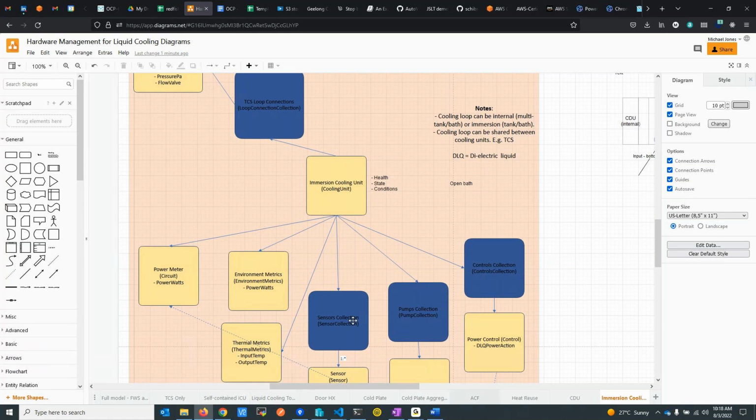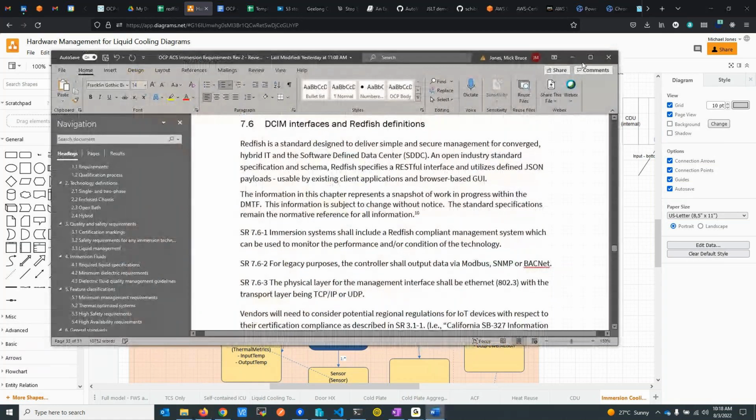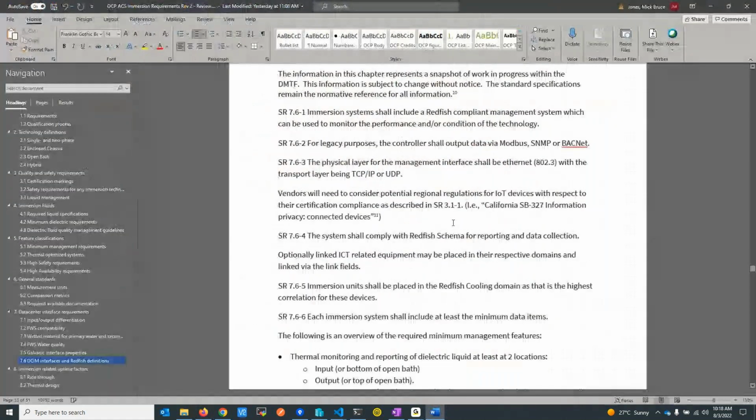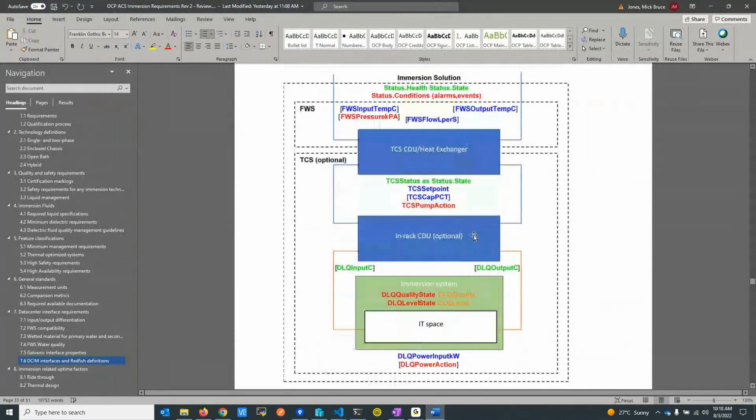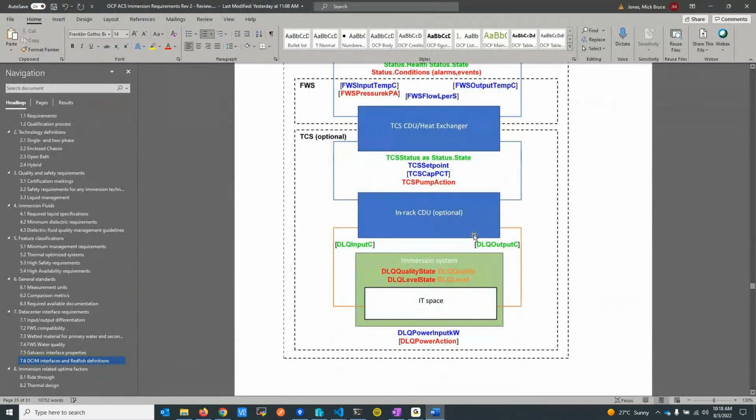Let me bring up the document. So this document, let me see if I can show you the example in the document. Is the difference that an enclosed chassis is typically one server, or maybe I'm misstating that, and a bath might have multiple devices in it?